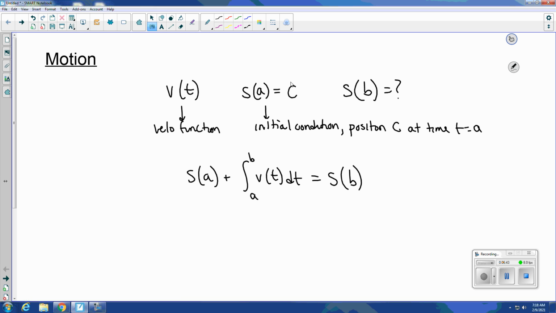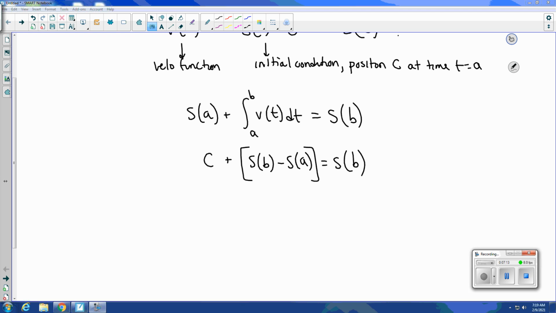at some point b. So if this was an actual example, s of a we know equals c, whatever that constant was, plus we would have to evaluate this, s of b minus s of a, to get that change in position, and then that'll get us the position at time b.